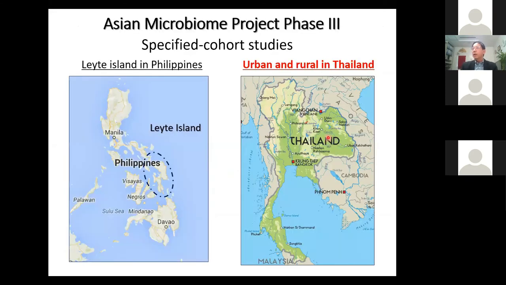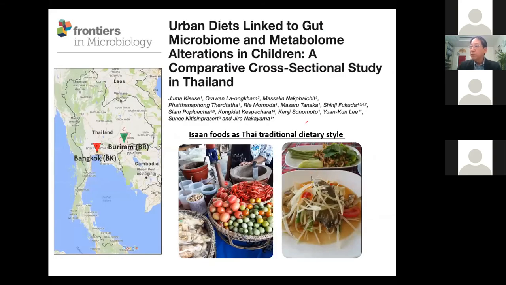Okay. So, this is another study performed in Thailand. So we collected the sample from Bangkok. So you know that Bangkok is a metropolitan city, and we also collect the sample of the children from Buriram city.